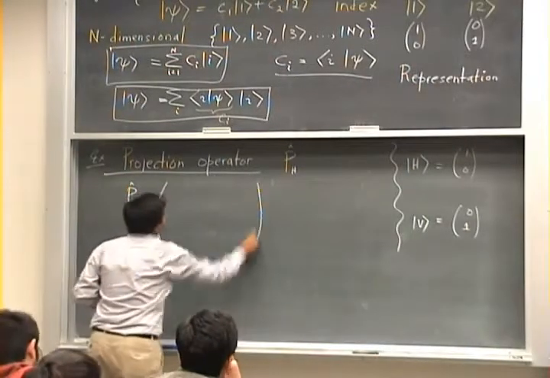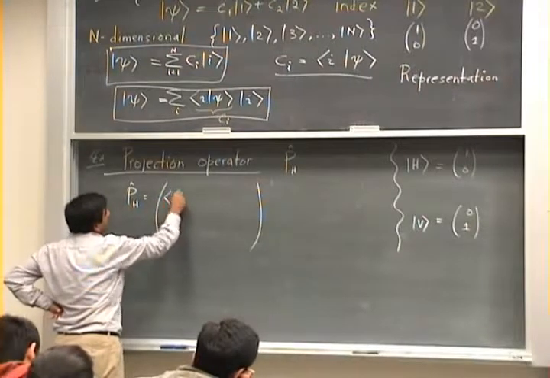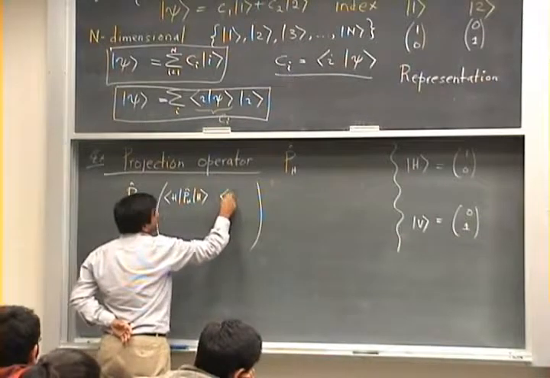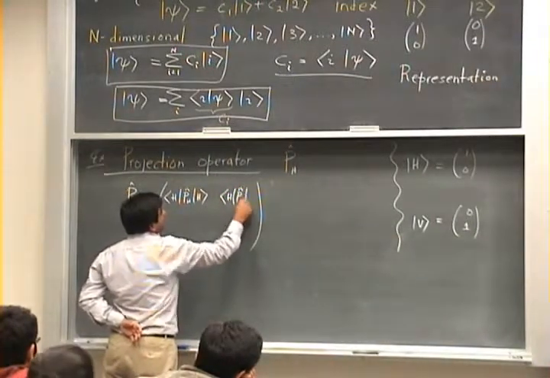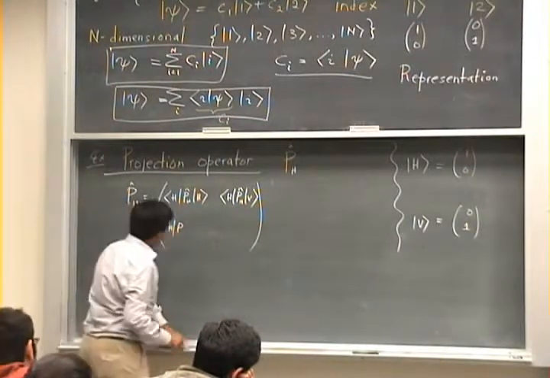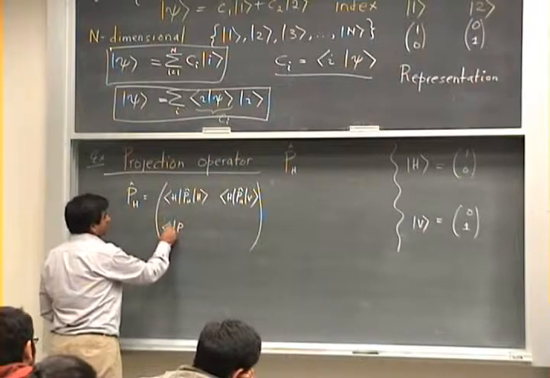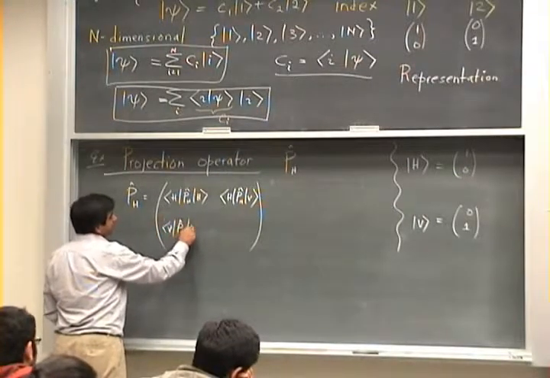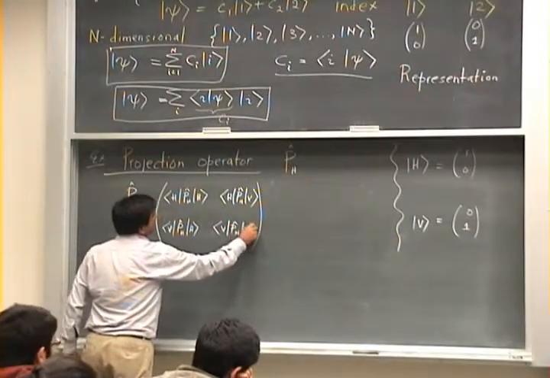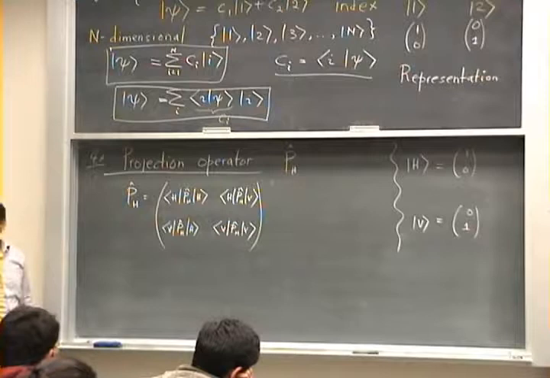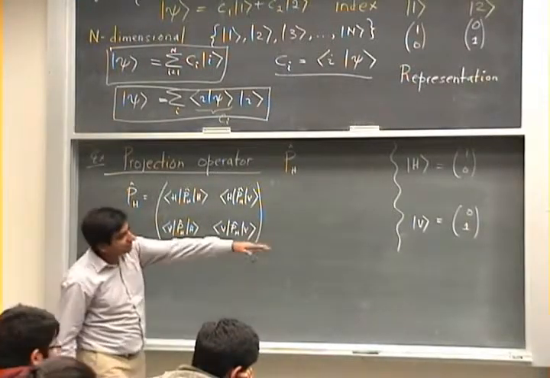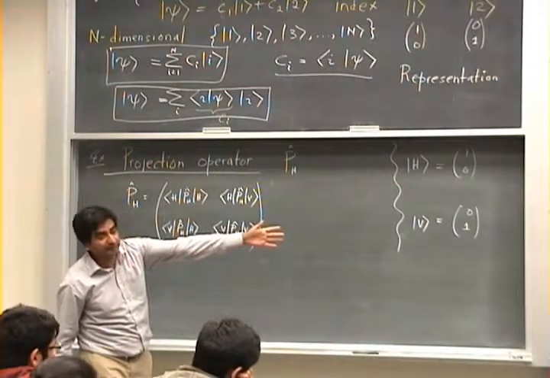Okay? The first element will be bra H, PH, ket H; then bra H, PH acting on ket V; then bra V, PH acting on H; and bra V, PH acting on V. So these are the 4 elements of the representation of the operator, in complete concordance with what we wrote over here.